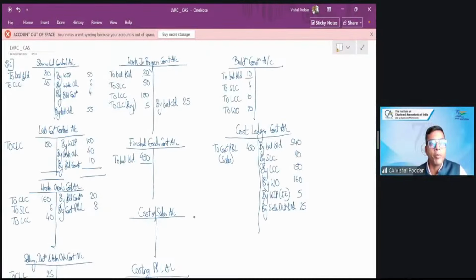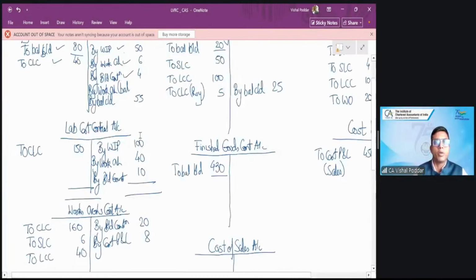So my raw material account is ready for closing. There is opening balance, purchase, transfer to production, indirect transfer to overheads, transfer to building and closing. So everything is done. Still, when you balance, there is some loss which they say has to be transferred to works overheads. So this is my balancing figure representing the loss.